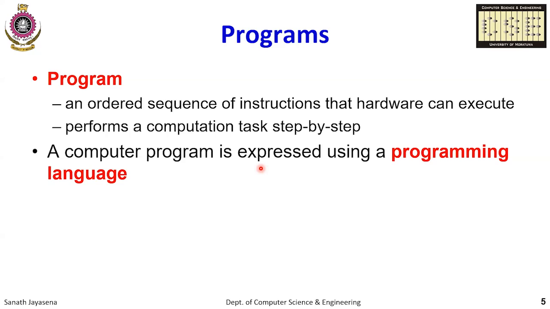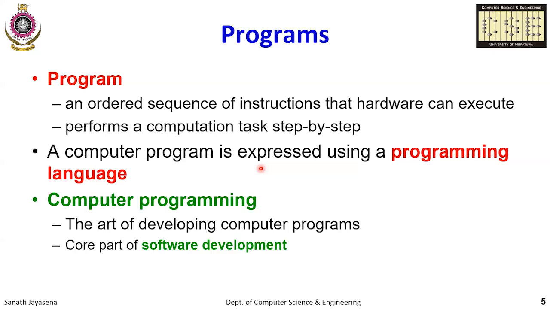Some programming languages are easy to learn, easy to program, but may have certain drawbacks. So programming languages are always like that. While any particular language will give certain advantages, some benefits, comparatively with another language, there may be some limitations or drawbacks.